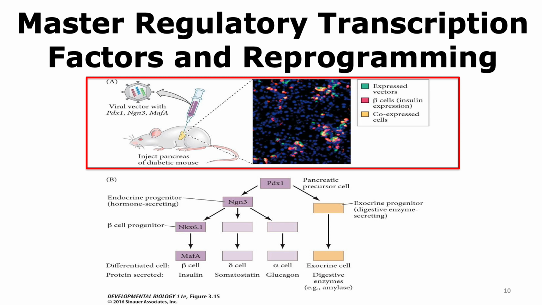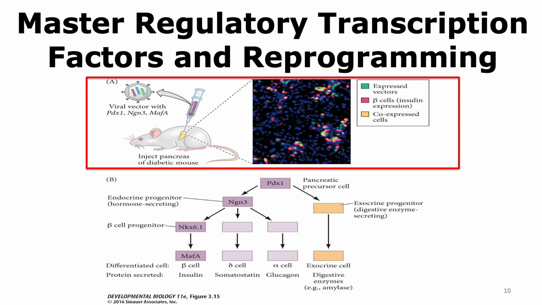Now remember, the mouse is diabetic because its pancreas could no longer synthesize insulin. However, by adding these 3 transcription factors, the scientists found that they were able to make the pancreas cells change their programming so that they were actually able to make insulin, and now the mouse is no longer diabetic.